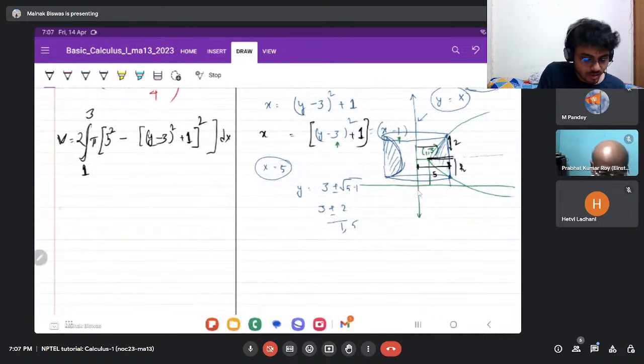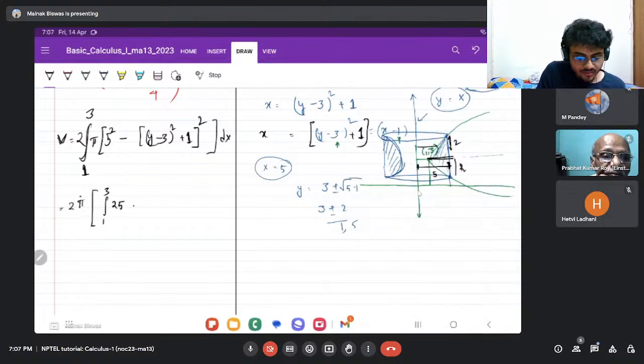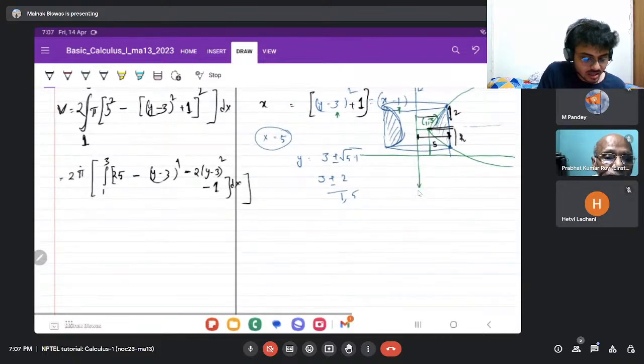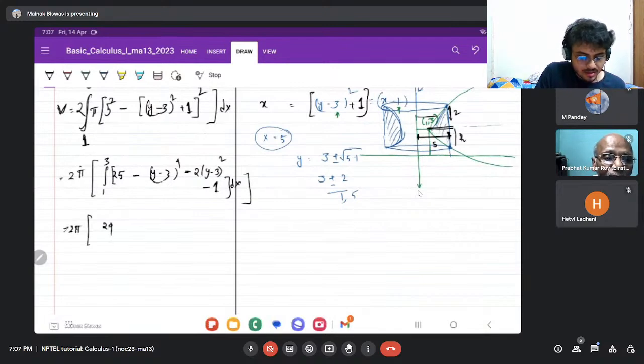So this turns out to be 2 times pi, integral of 1 to 3, of 25 minus (y minus 3) whole to the power 4 minus 2 into (y minus 3) squared minus 1, dy. Quickly integrate this. So if we quickly integrate this, you will have 24 into 2. Agreed? How I skipped the step.